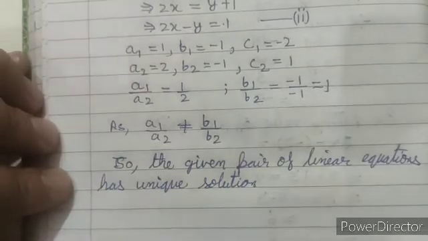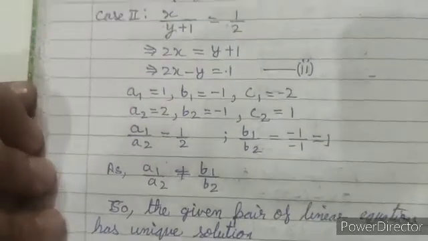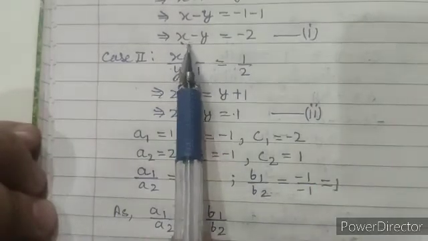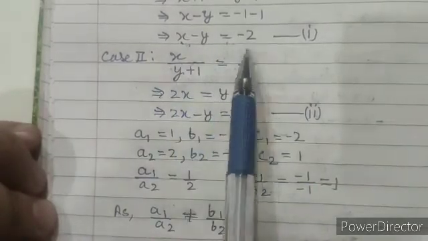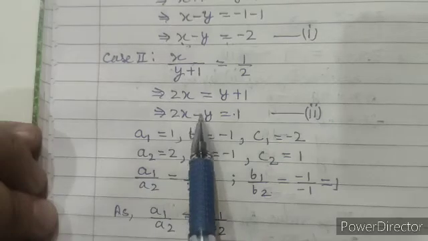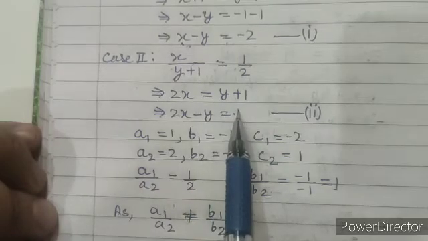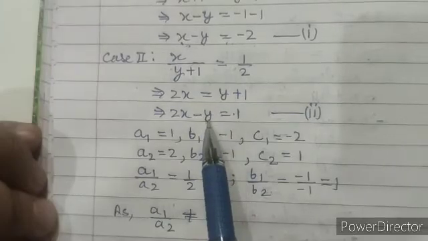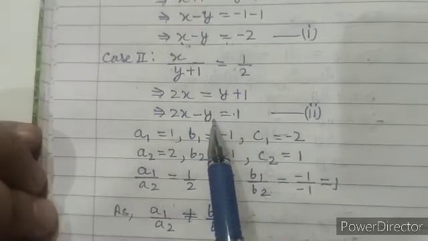Now, we will solve these two equations by the elimination method. As we see here, equation first was x minus y equal to minus 2 and equation second was 2x minus y equal to 1. Here, the coefficient of y is equal in both of these equations, so we can easily eliminate them.